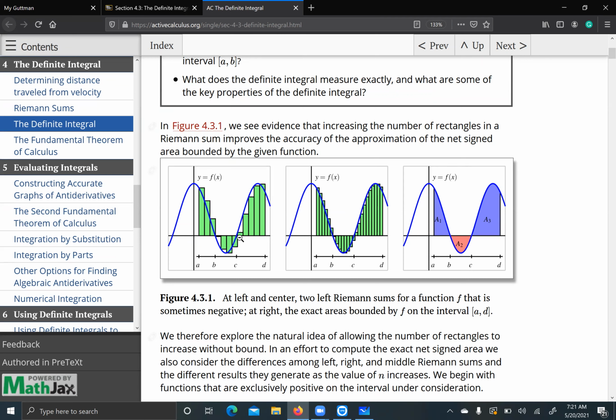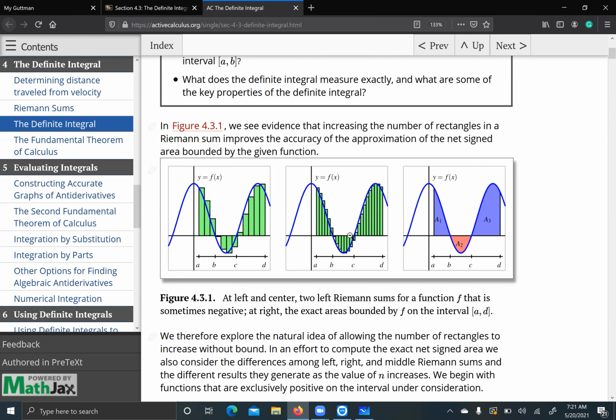Look at the figure in the middle now. The figure in the middle has more rectangles. In other words, it's like we divided the interval A to D into more subintervals. So now we have more rectangles and each one is narrower, right? And in fact, this yields a better approximation. Why?